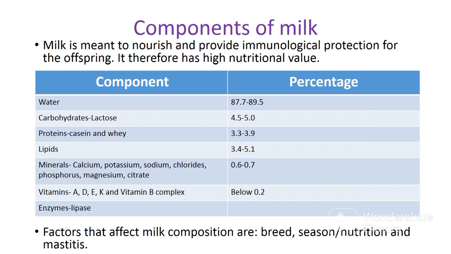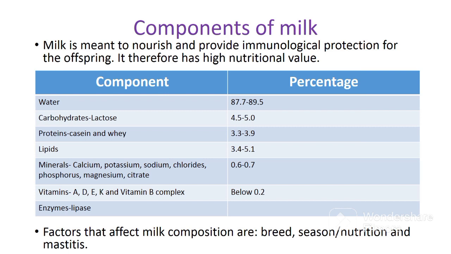I will only give components of cow's milk because it's the most consumed milk in the world as compared to other mammals' milk. The first component of milk is water, and the percentage of water in milk is between 87.7 to 89.5. The next component is carbohydrate, and the major carbohydrate found in milk is called lactose.